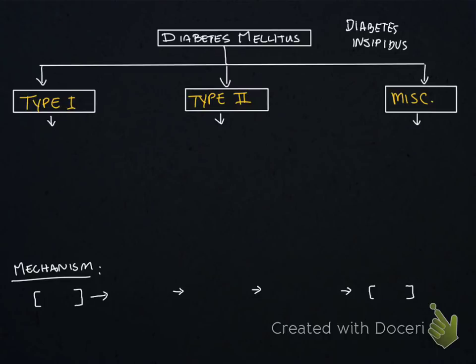Now, diabetes mellitus, the mechanism for that, there's basically 3 categories we'll talk about. Okay, diabetes type 1, sometimes referred to as DM1. DM just stands for diabetes mellitus.